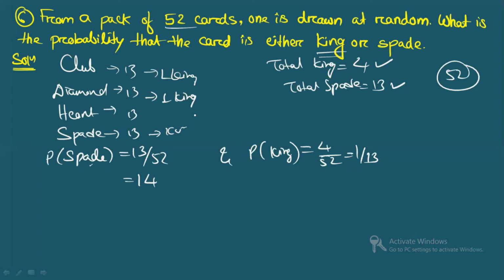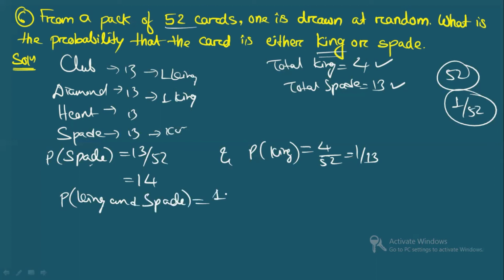Probability of king and spade, that the card is a king and also a spade, is 1 by 52. Yes or no? Because there is only one card which is a king and also a spade. So favorable is 1, total is 52.